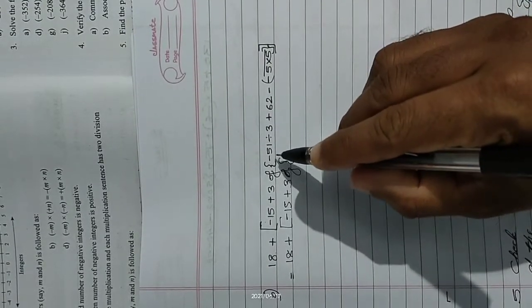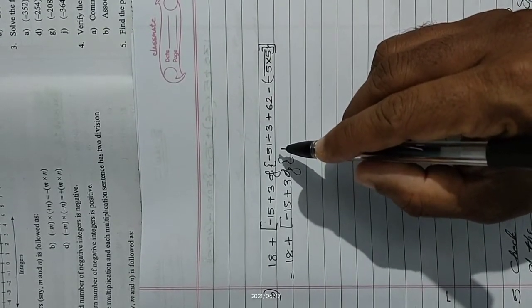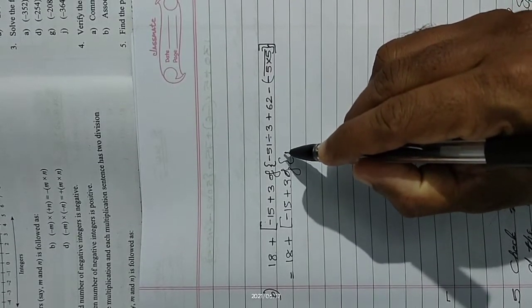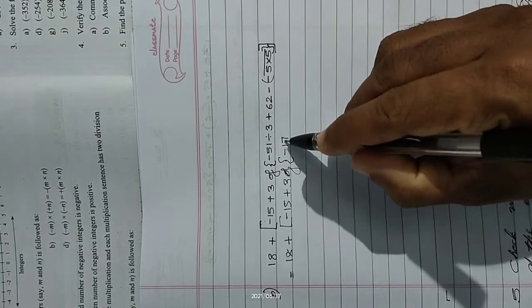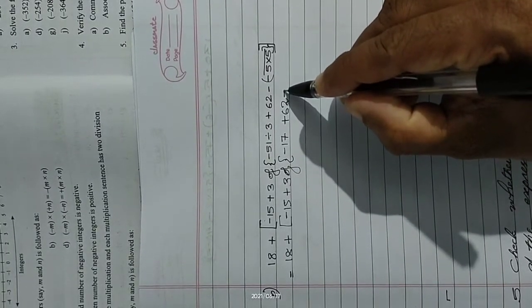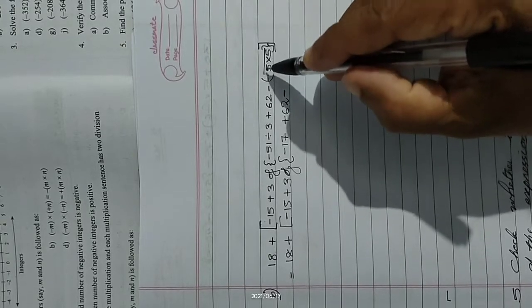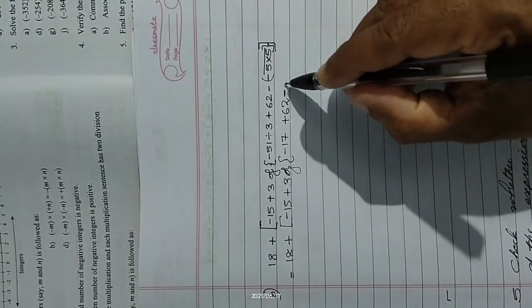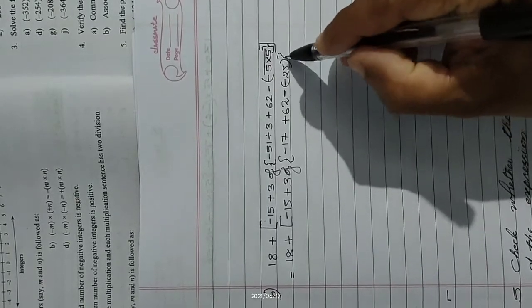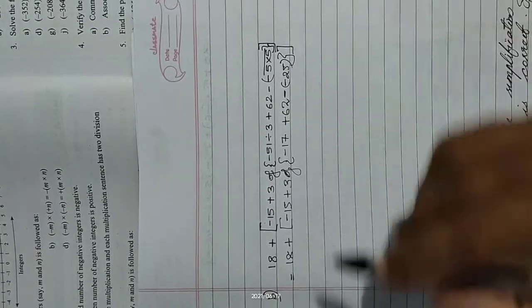Therefore 51 divided by 3 is equal to negative 17, plus 62 minus, then here this bracket we solve first, 5 5s are 25, negative 25. Curly bracket again close, round bracket.